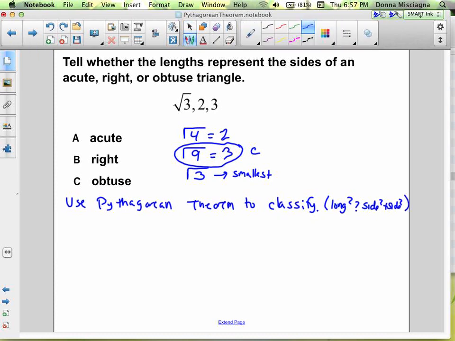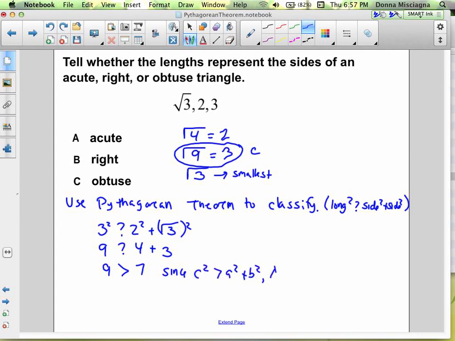All right, so 3 squared, which is 9, is compared to 2 squared plus the square root of 3 squared. So that's 4, and of course we learned how to square radicals. The square and the radical cancel each other. That's just going to be 3. Right? And so 9 is greater than 7. So since c squared is greater than a squared plus b squared, the triangle is obtuse.